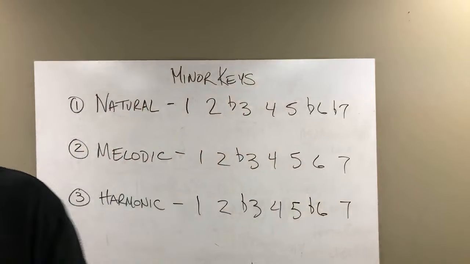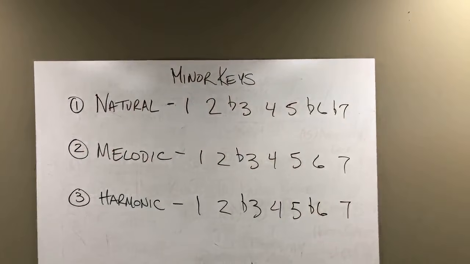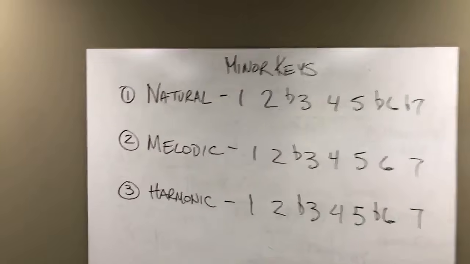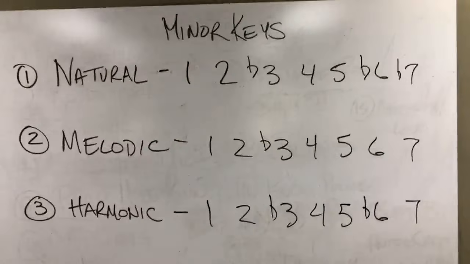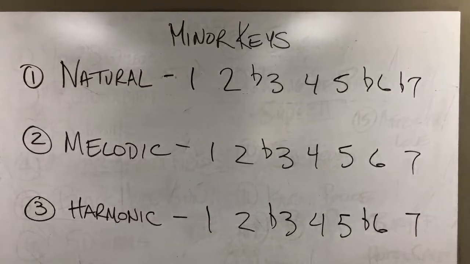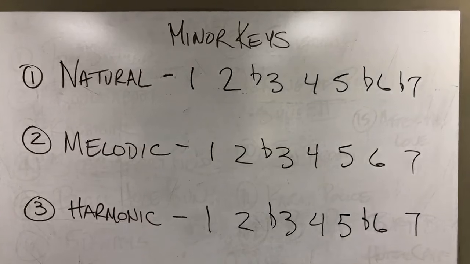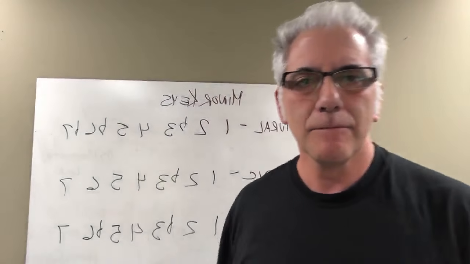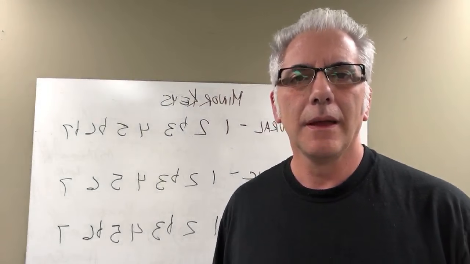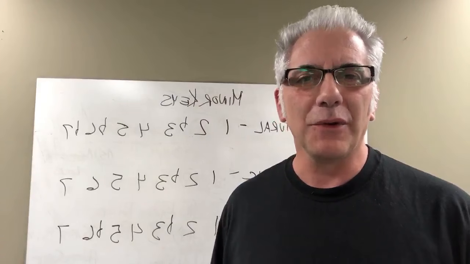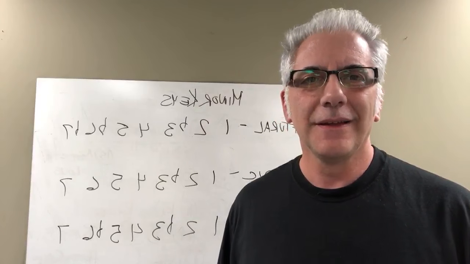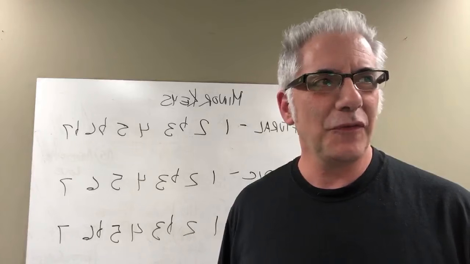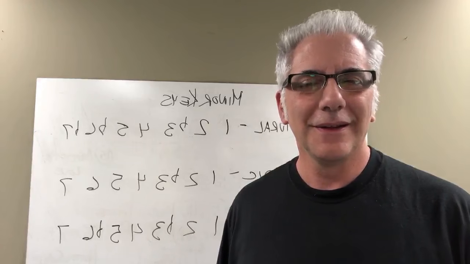So the natural minor scale, as we see here, hold on, I'll make the sound good again. There we go. Now you guys can hear me, right? Now it's backwards. Okay, let me figure out how to do this now.